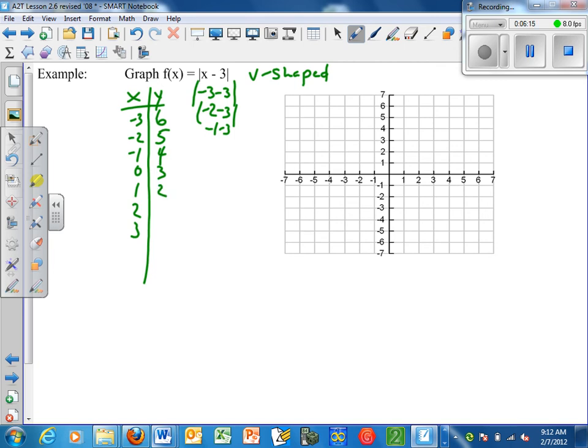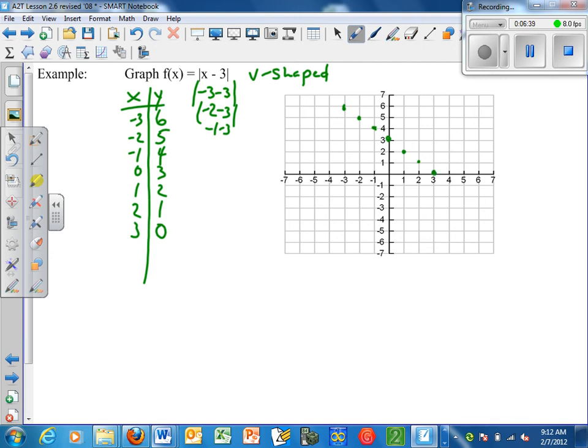Absolute value is 2. Put 2 in. 2 minus 3 is negative 1. Absolute value is 1. 3 minus 3 is 0. Absolute value is 0. So if you notice this first part, we had negative 3, 6, negative 2, 5, negative 1, 4, 0, 3, 1, 2, 2, 1, 3, 0.